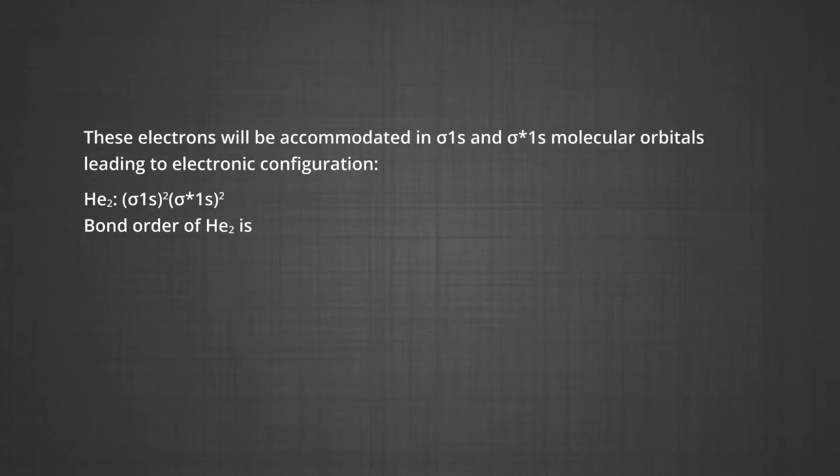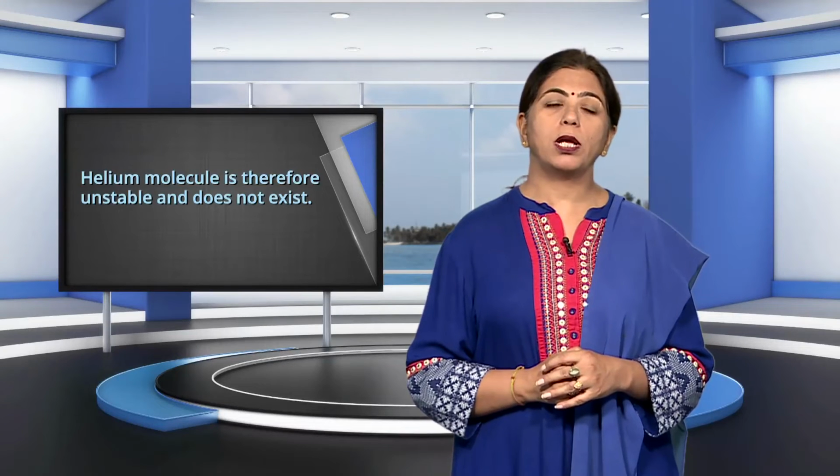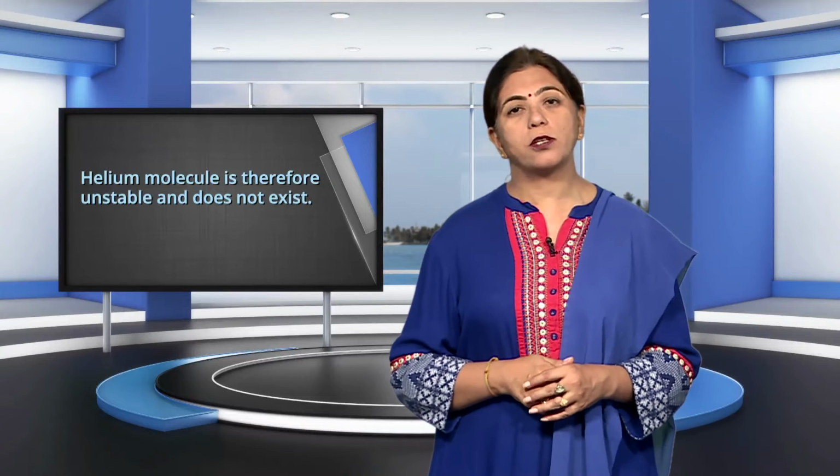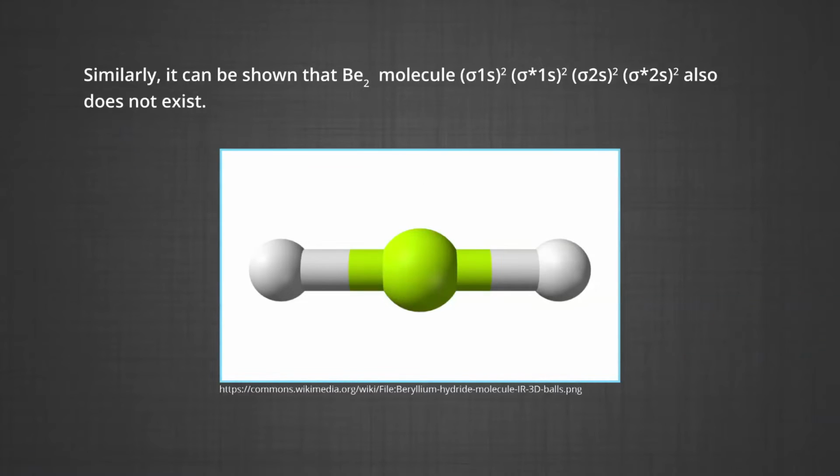Bond order of the helium molecule will be half of 2 minus 2 equals 0. Therefore, the helium molecule is unstable and it does not exist. It is a frequently asked question. Similarly, it can be shown that the beryllium molecule, with electronic configuration sigma 1s2, sigma antibonding 1s2, sigma 2s2, sigma antibonding 2s2, also does not exist. That means when we calculate the bond order, it will come out to be 0.